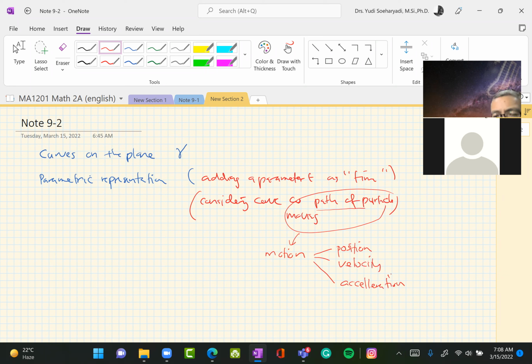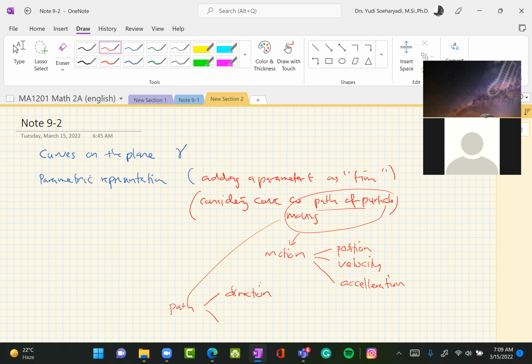So if the parametric is the position, then the derivative is velocity, and the second derivative is acceleration. And as a path, you have directions.